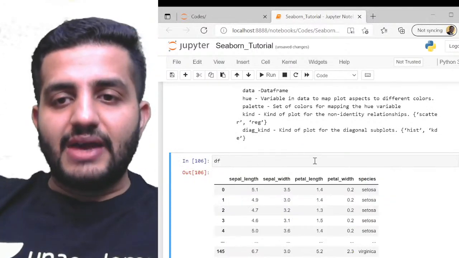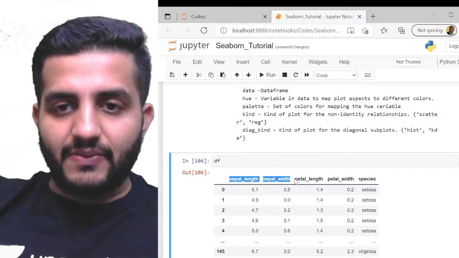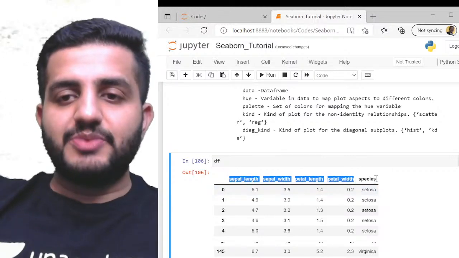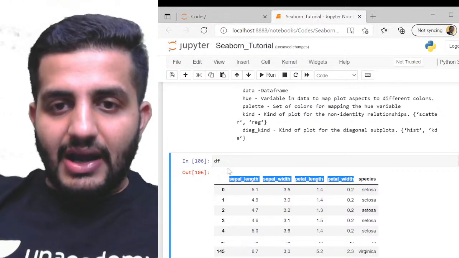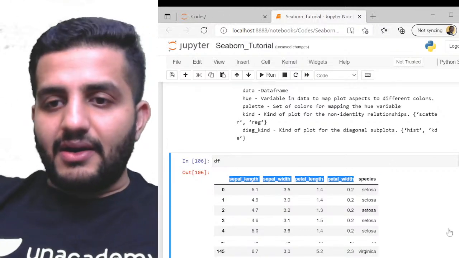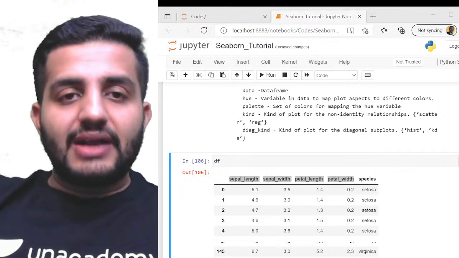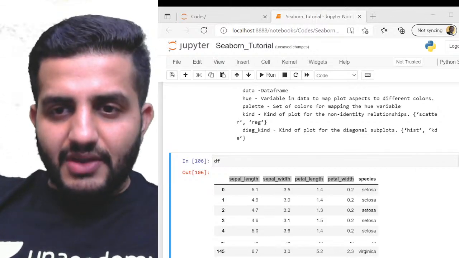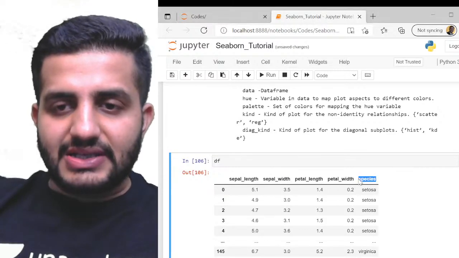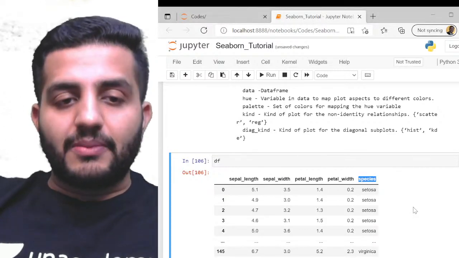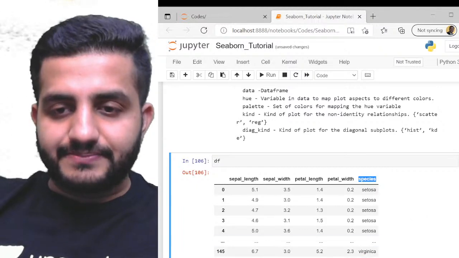This is my data. I have 5 columns here: sepal length, sepal width, petal length, petal width, and species. These 4 are the numerical columns, right? On top of this, species is my categorical column, correct?